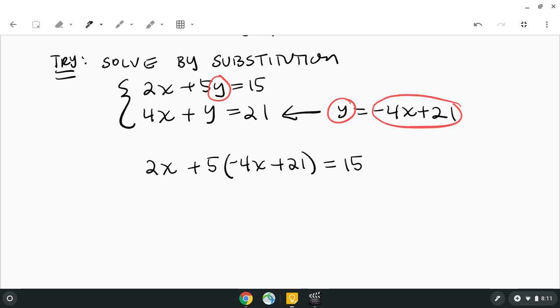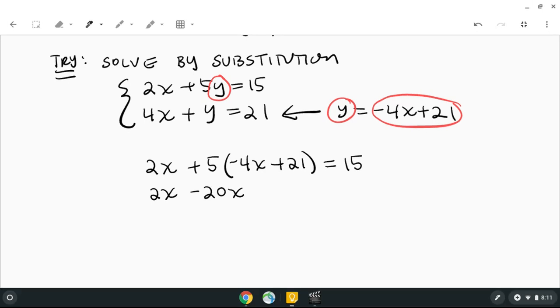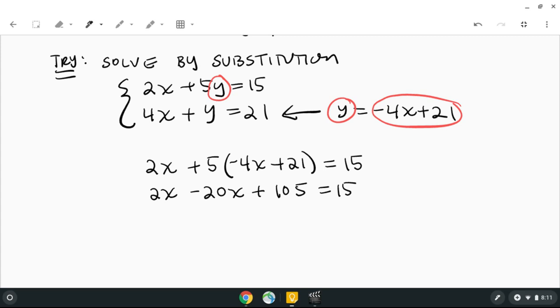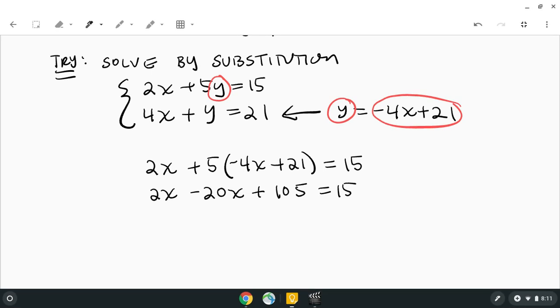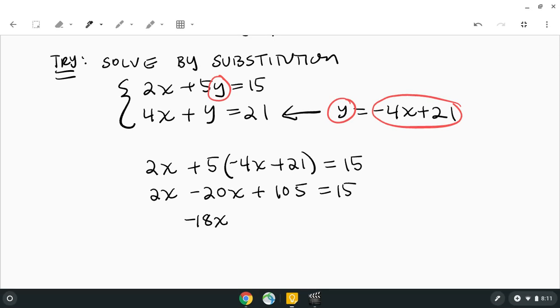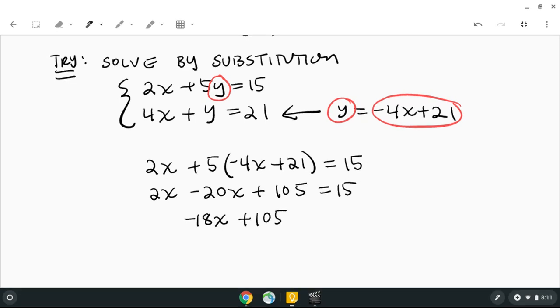Working this out, distributing this 5, I get -20x plus 105 equals 15. Combining like terms, here we get -18x plus 105 equals 15.